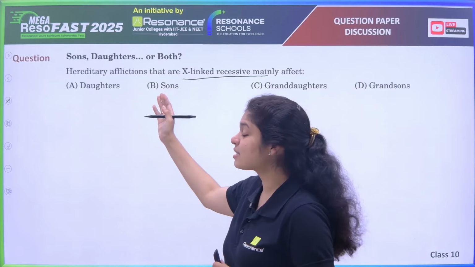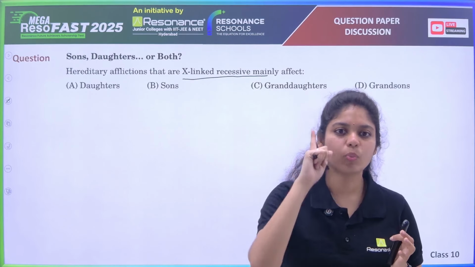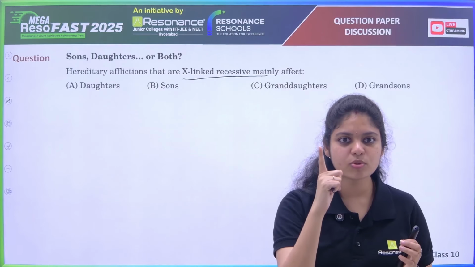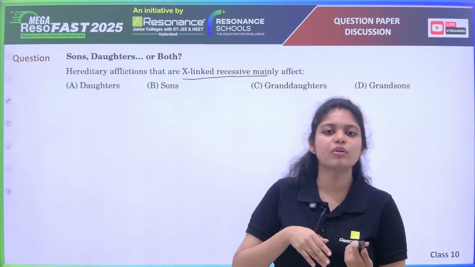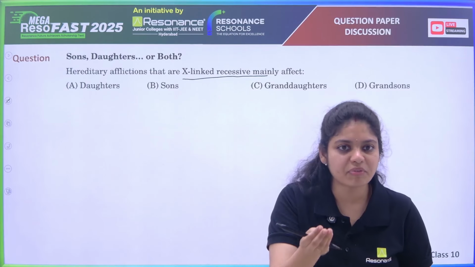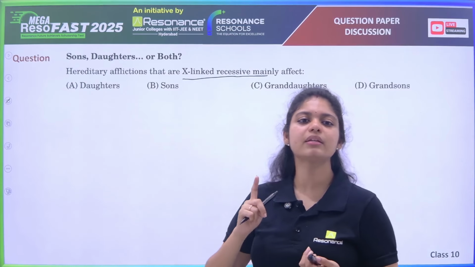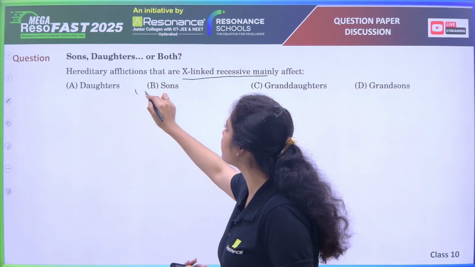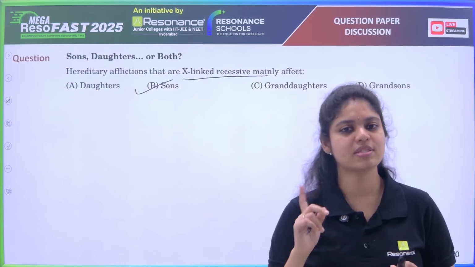But in the case of sons, they will definitely be affected, because only one X chromosome is present, and whether that X chromosome is recessive or dominant, it will definitely affect, because the trait is an X-linked trait. So the option is that X-linked recessive will mainly affect the sons.